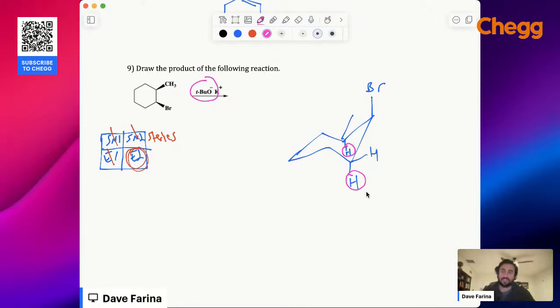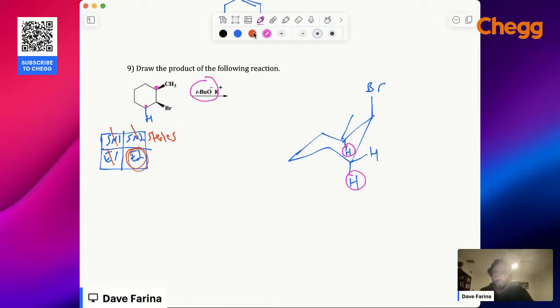But this is where the sterics on the base are very important. Because it is so bulky, the activation energy associated with approaching the less substituted carbon is so much lower that it's actually going to prefer to go that way. Here we have a tertiary carbon, and this is a secondary carbon. So it's going to approach over there. Let's draw a hydrogen here.